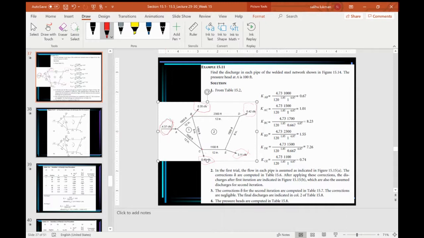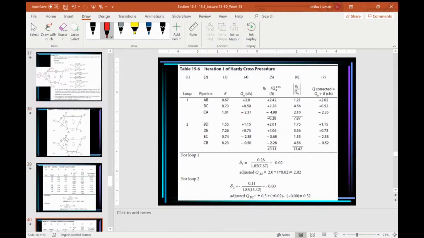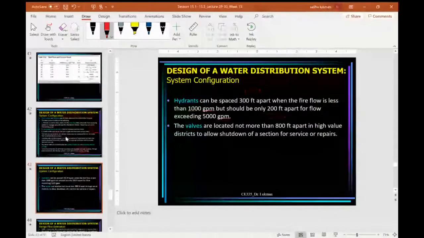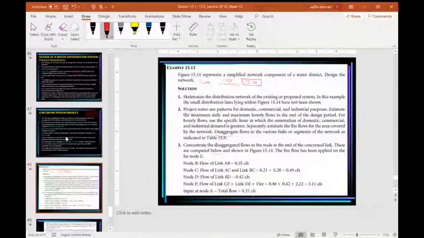The total flow is 4.35. So this is exactly what I was explaining here. Yeah, you can see this is the disaggregated flows, okay, the nodal demands, okay. So the input at node A, which is giving the total flow, which is 4.35, and when you add the flows for each node, it will give you the same value of 4.37.